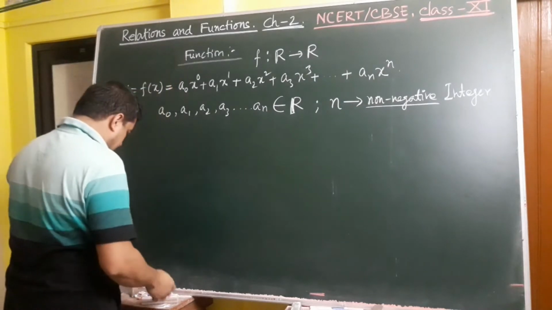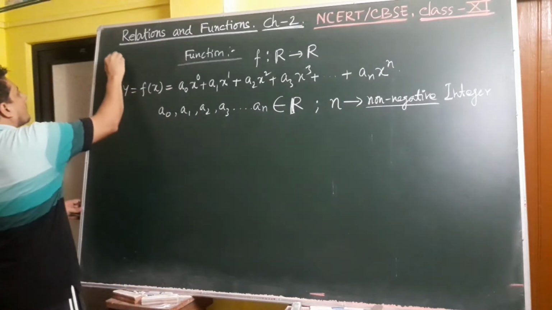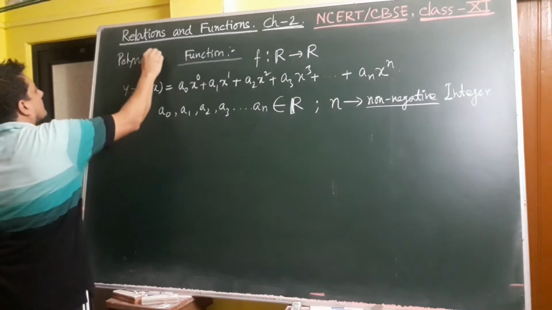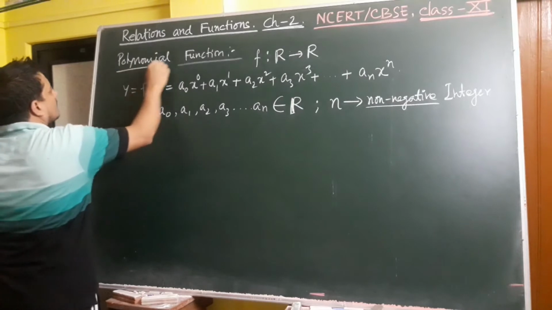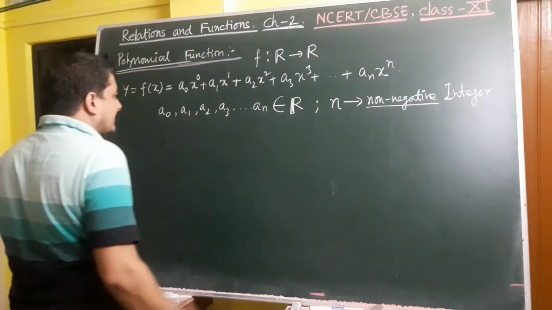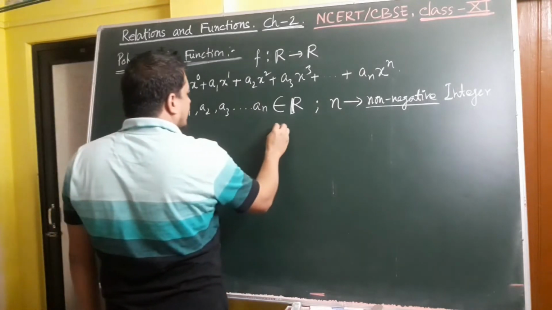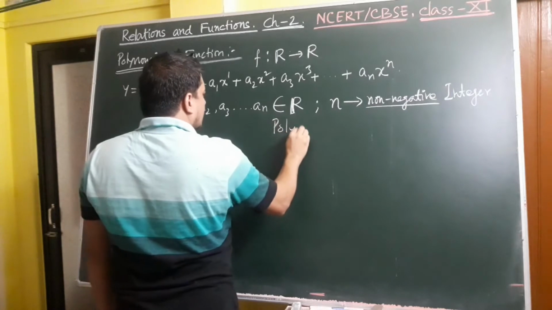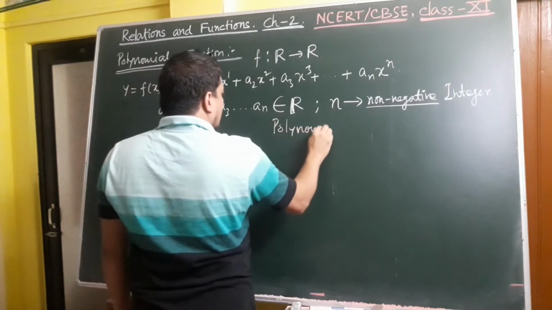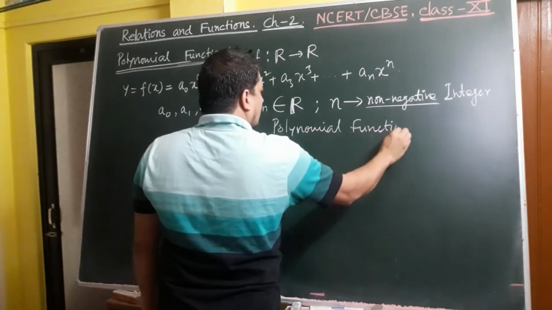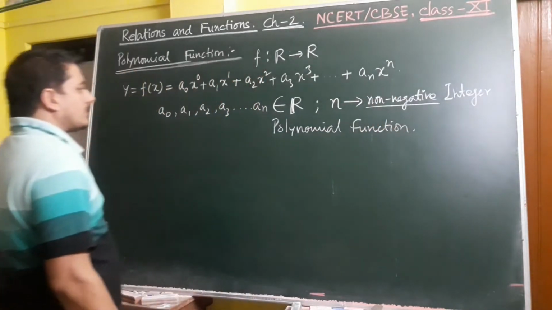If you write it in this way, then it is called a polynomial function.